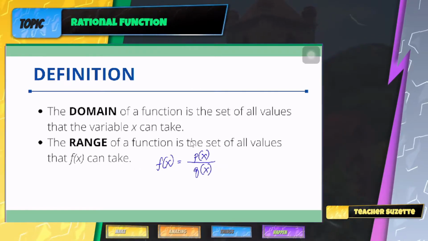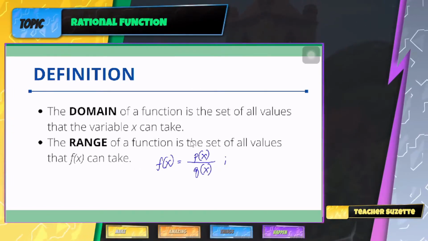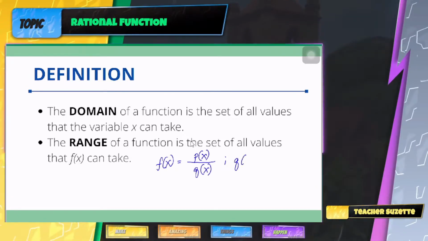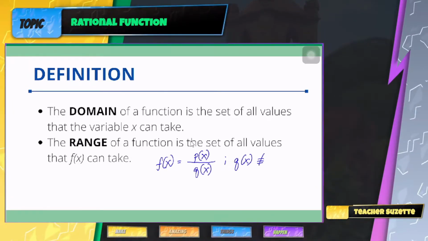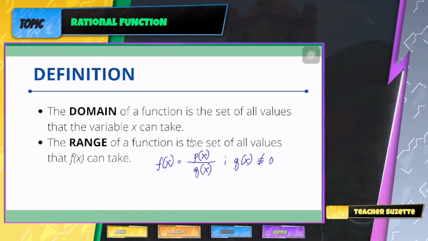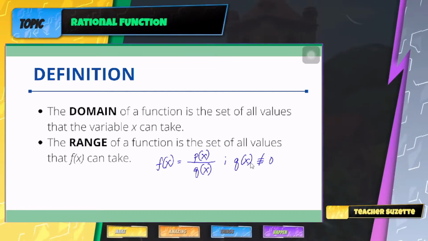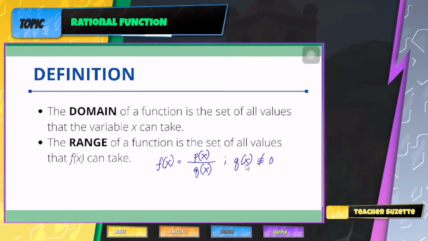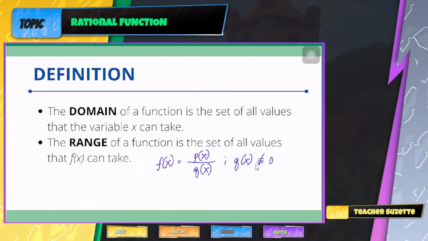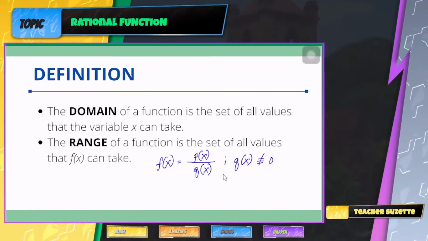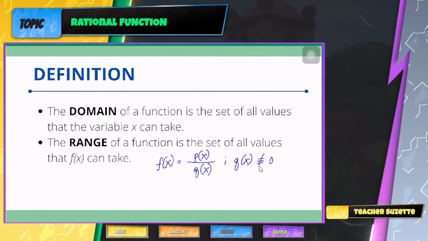Aside from p of x and q of x being polynomial functions, q of x should not be a zero function. The q of x, the polynomial function in the denominator, should not be zero for any input value of x.